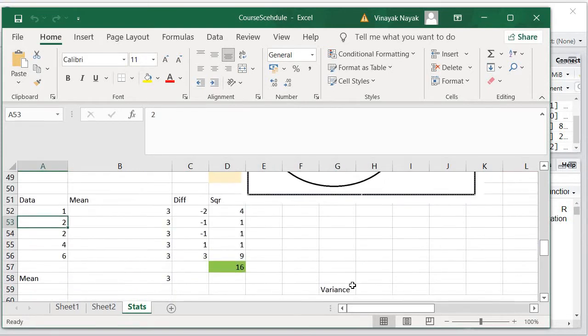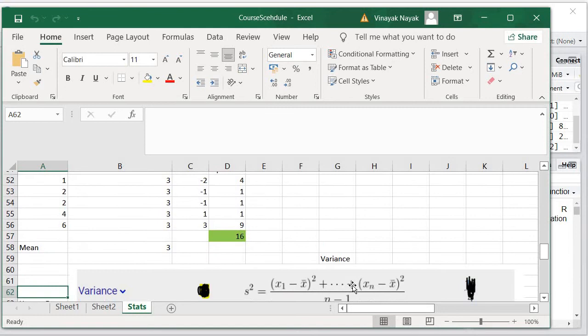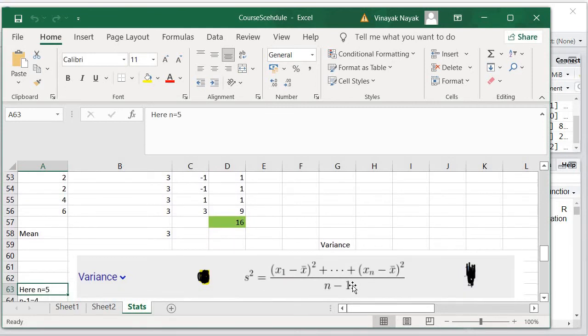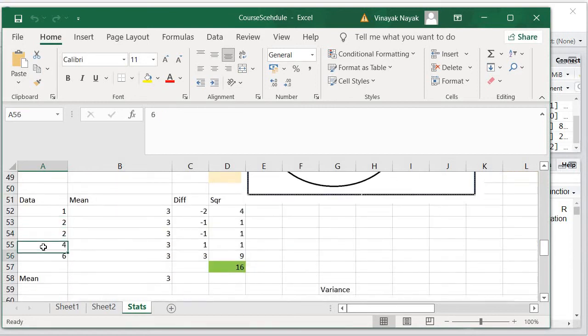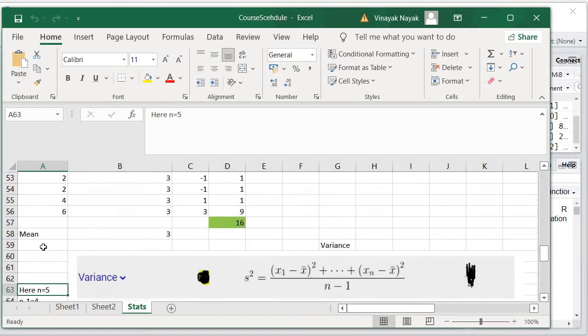If you go by the formula, this is the formula for calculating the variance when you are working on a sample data set. The formula is x1 minus x bar, then the square, and the addition of all that, then divided by n minus 1.